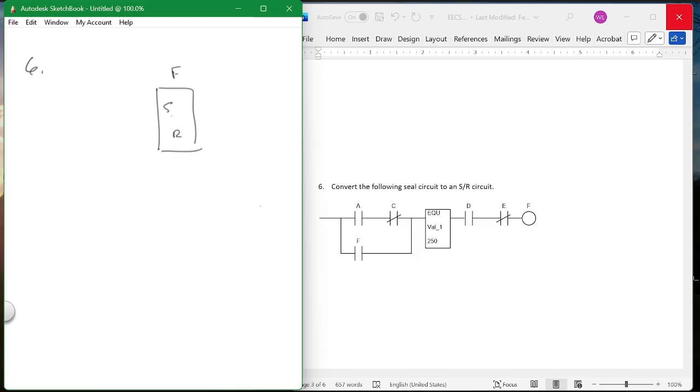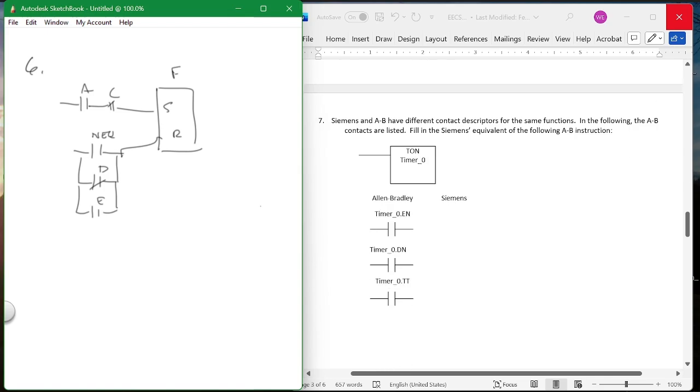And then this should be for the bit called F. So the thing that should turn it on is A and not C. And the thing that should turn it off is the negative of these things, so not equal to 250, and then the not of D and the open of E. Or together, give me my reset. Something like that.